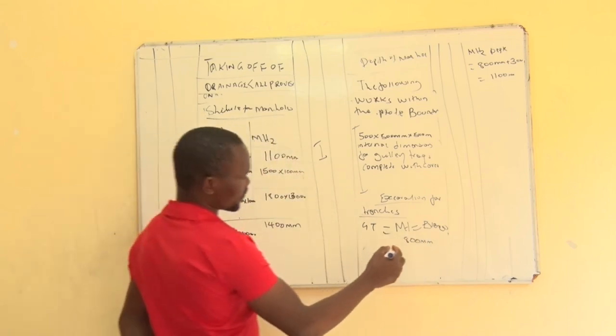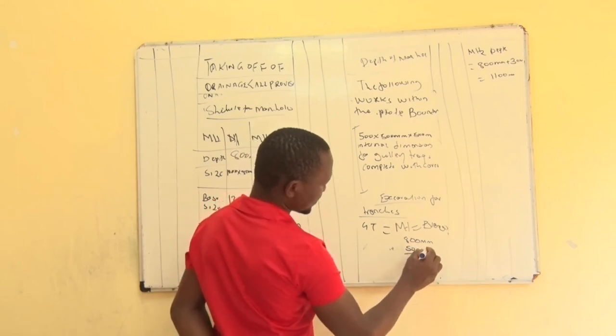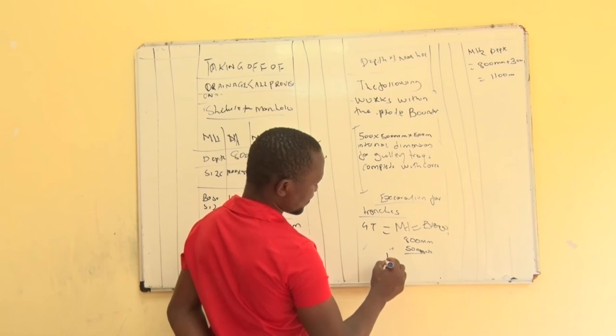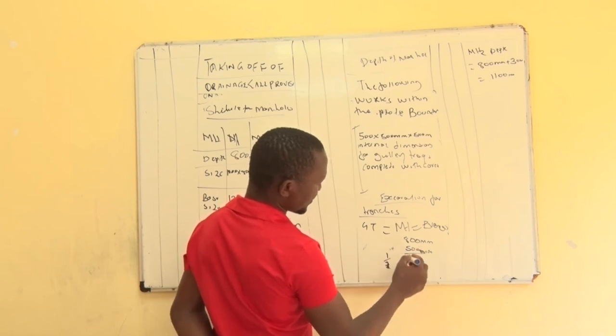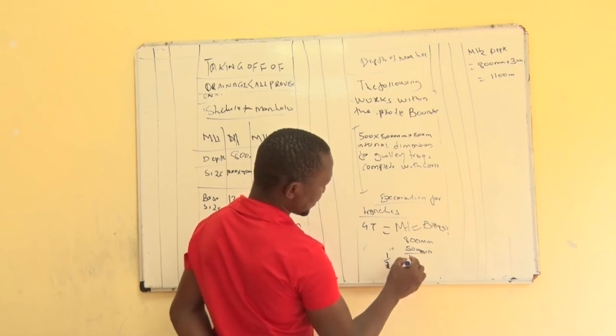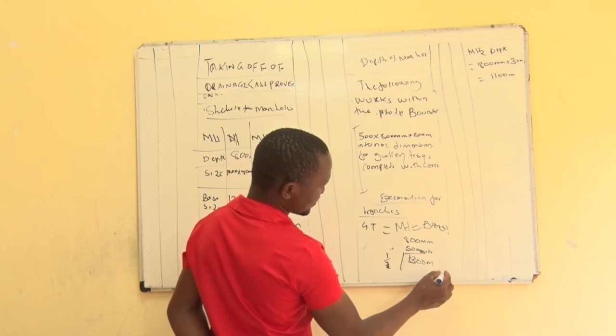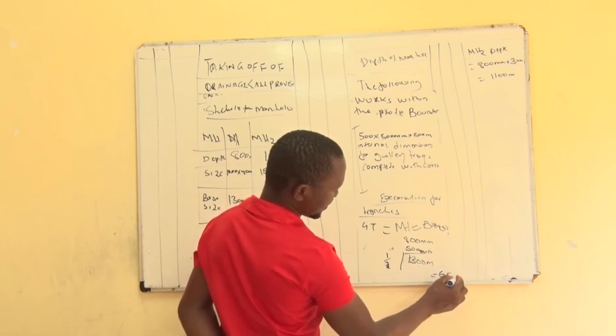Then the bottom of 50 to 50. Then we have 500 millimeters. Then we take half of it because it is an average. So this is 1300 millimeters, and half of 1300 is giving us 650 millimeters.